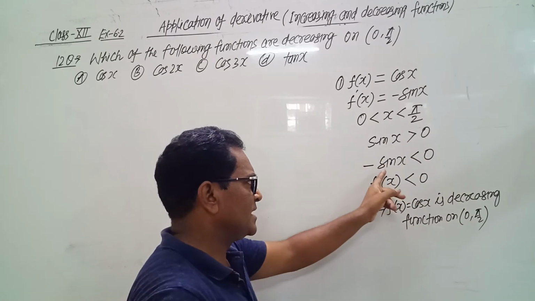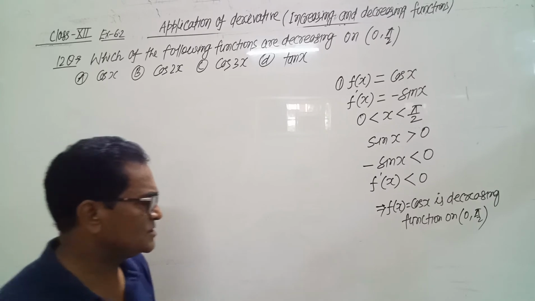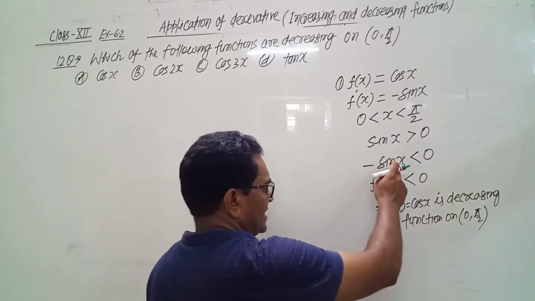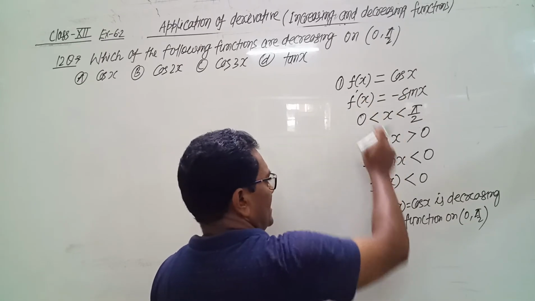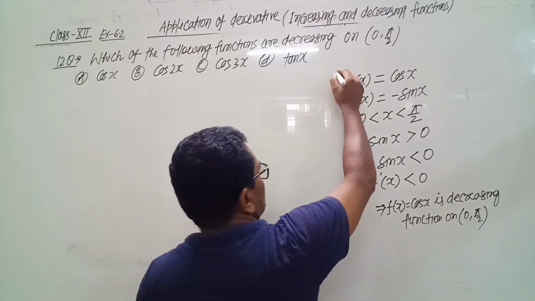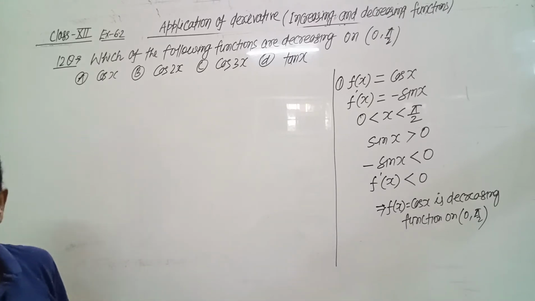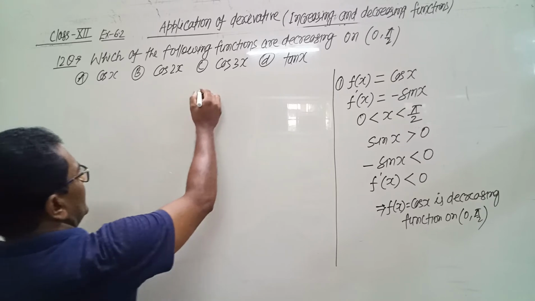If sin x is greater than 0, then minus sin x will become less than 0. At the place of minus sin x, we have written f dash x, so f dash x is less than 0. If f dash x is less than 0, it means the function is decreasing.